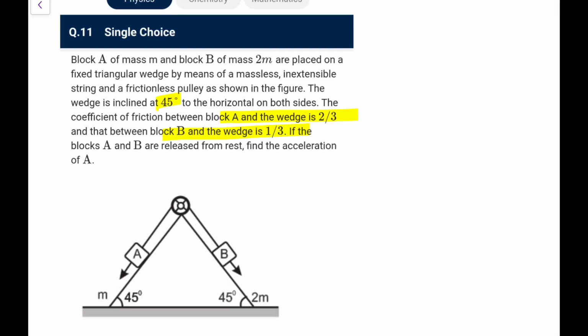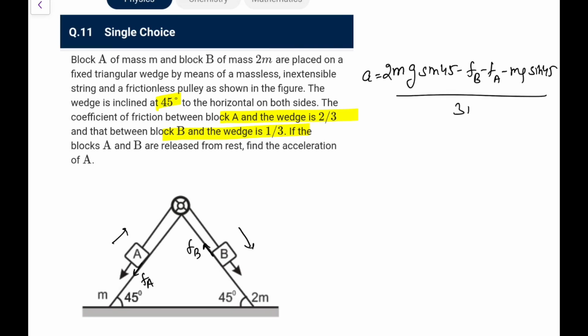Let's assume this goes down and this goes up. So this friction will act up, and this friction will act down. This is Fa, this is Fb, and the acceleration magnitude would be (2mg sin 45 minus Fb minus Fa minus mg sin 45) upon 3m, the net pulling force upon the total mass to be pulled.